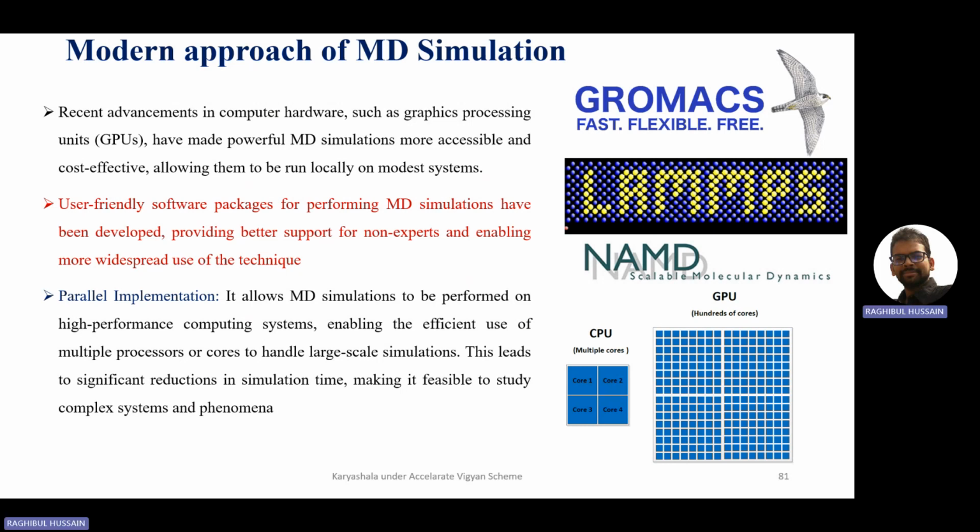So again, based on your system and your availability of resources, you need to choose. It's not that you always need a supercomputer or a high performance cluster. If you can optimize your system, even desktop computers or workstations are good enough to run modern day MD simulations.